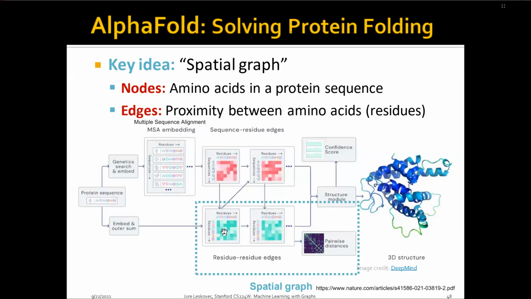And here is the learning about the acid-to-acid node-to-node edges, that in the end gives you the pairwise distances of these nodes. These pairwise distances are used to derive the coordinates of these nodes in 3D space. If you are very interested in the details, you can go to the paper they published in Nature, with more details.